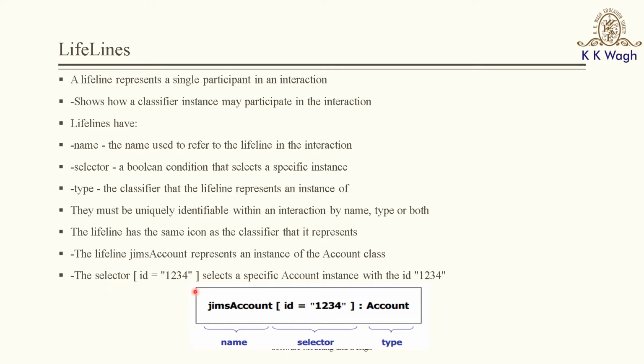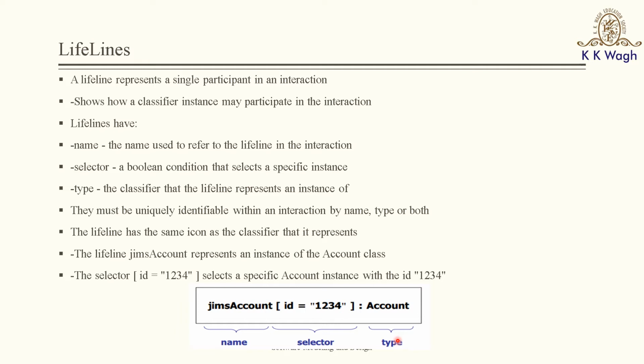This rectangular box contains the name of the lifeline, selector and type. Here type means a class name, that is, which class it belongs to.